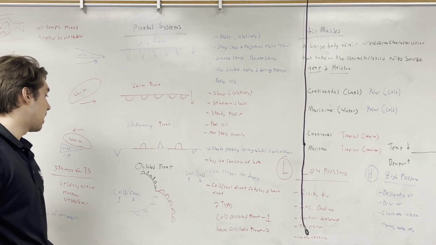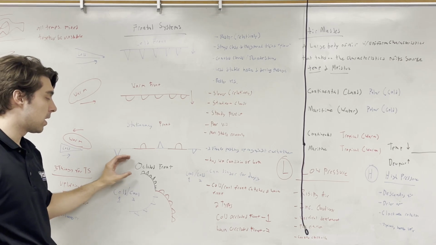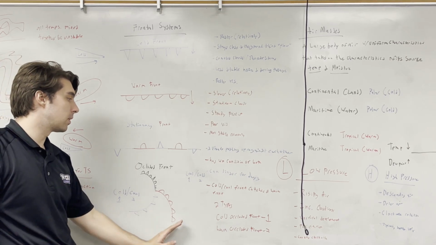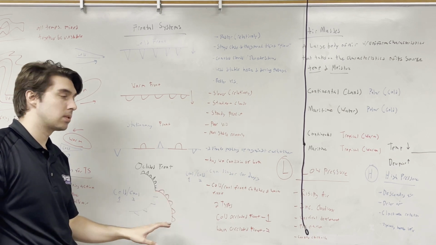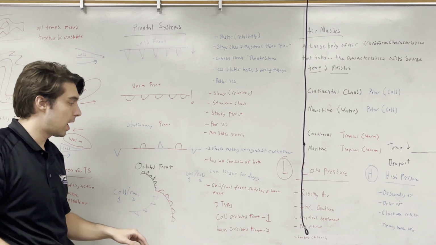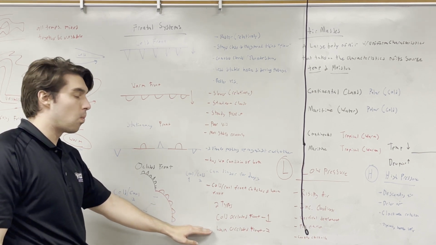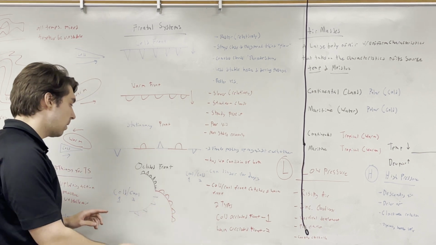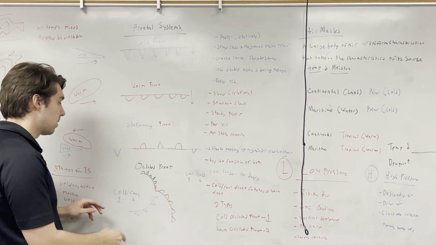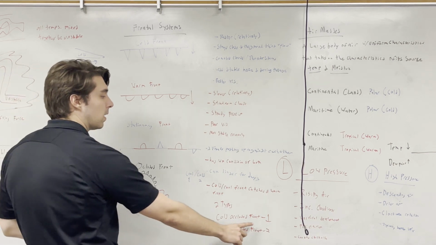Okay? Now we're going to talk about occluded fronts. An occluded front is a cold front catching a warm front, catching a cold air mass, okay? This breaks down into two types of occluded fronts, a cold occluded front and a warm occluded front. How we see this on this graph or this drawing is that I have a cold occluded front labeled as 1.